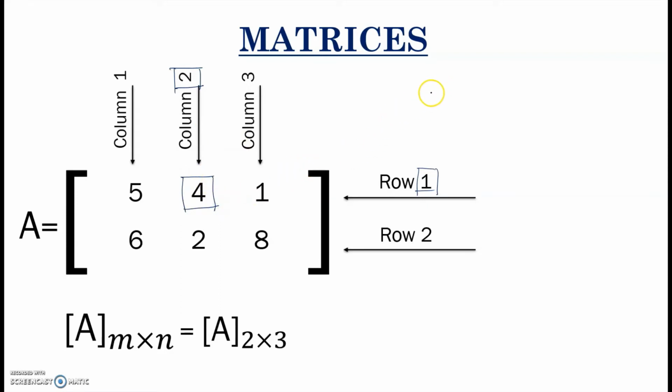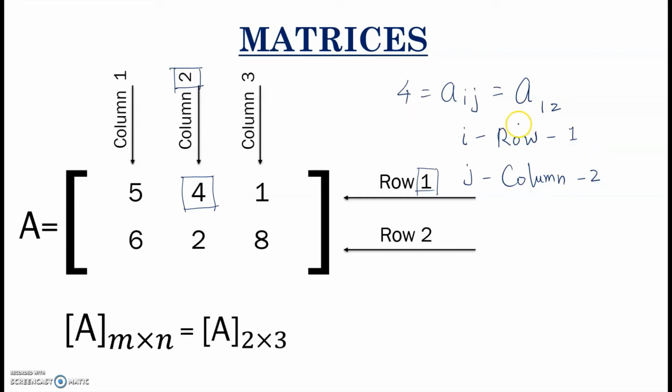We can represent this 4 as a_ij, where i is the row in which it falls and j is the column in which it falls. So here i will be 1 and j will be 2, in row 1, column 2. This is how you represent the elements inside a matrix.